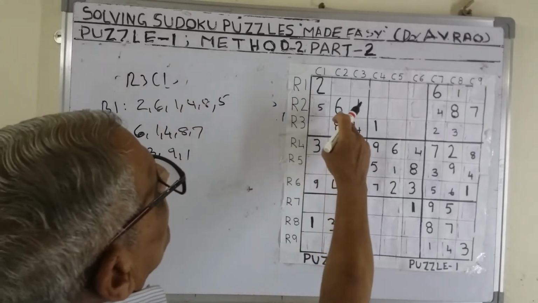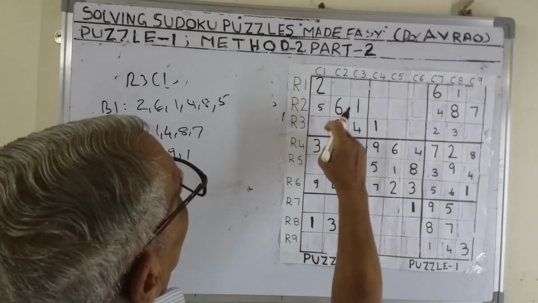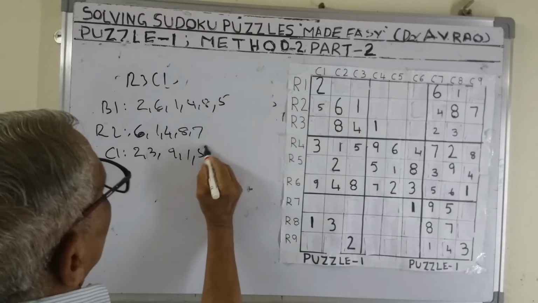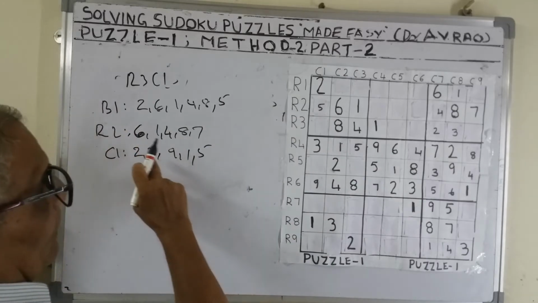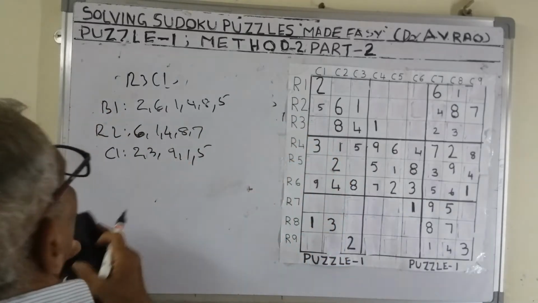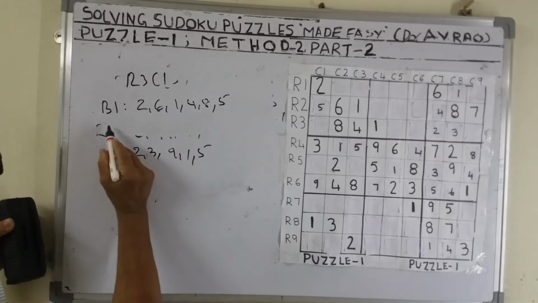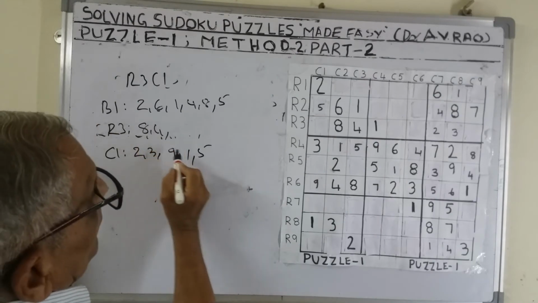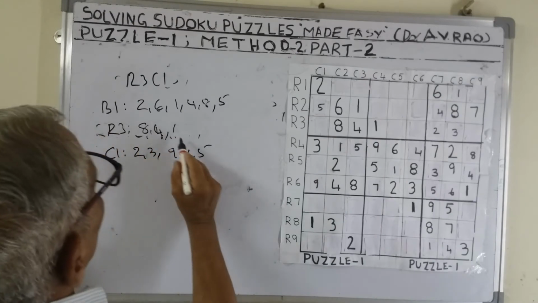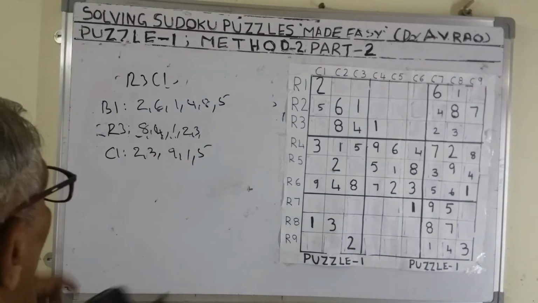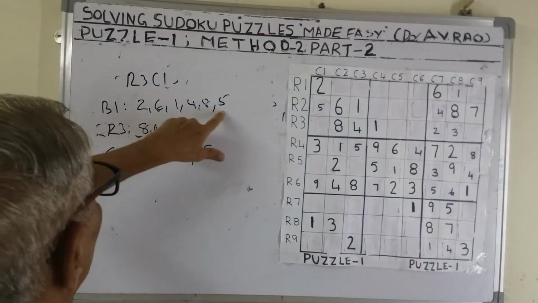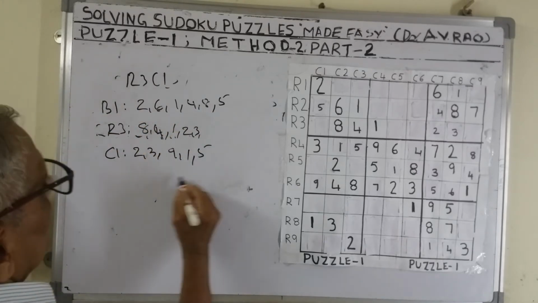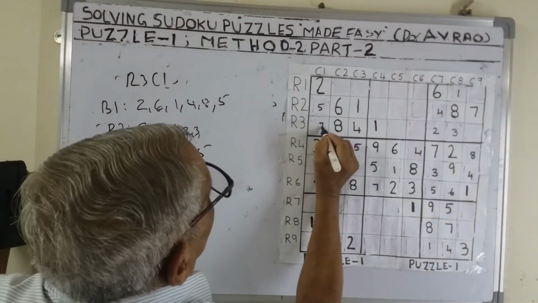And in C1, another number has been added: 2, 5, 3. Now R3, we have to take row R3. What are the numbers? 8, 4, 1, 2 and 3. See what is the missing number? 1, 2, 3, 4 is there, 5 is there, 6 is there, 8 and 9, 7 is the missing number. So let us fill in 7 here.